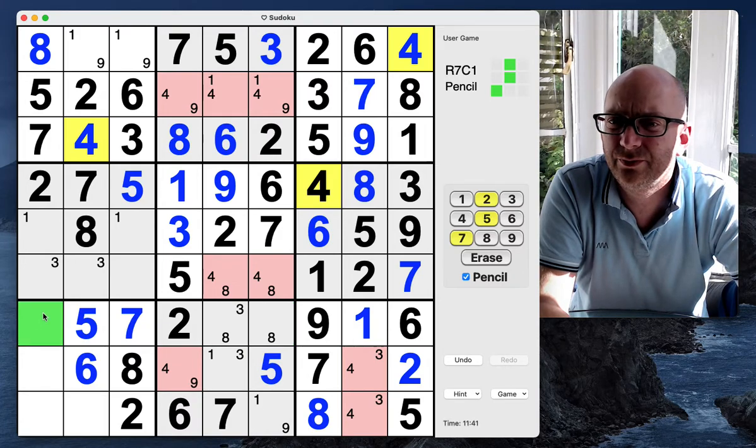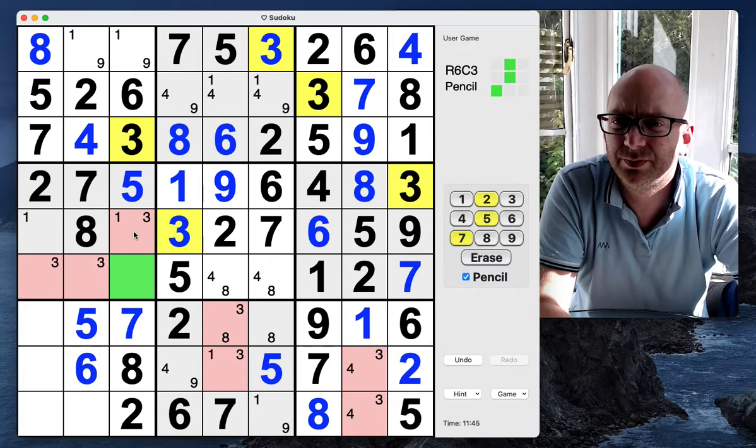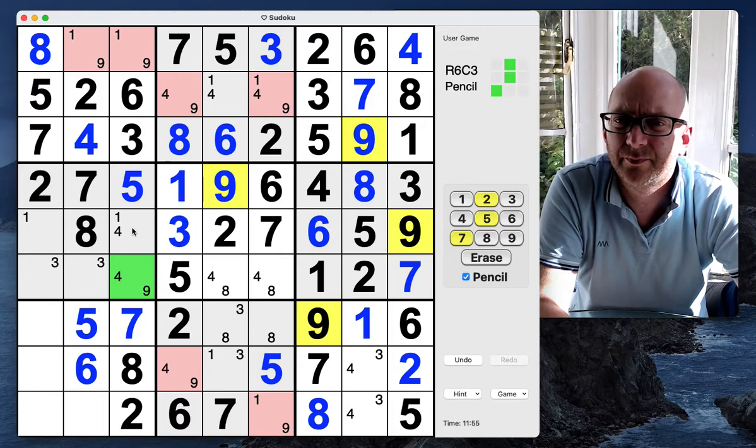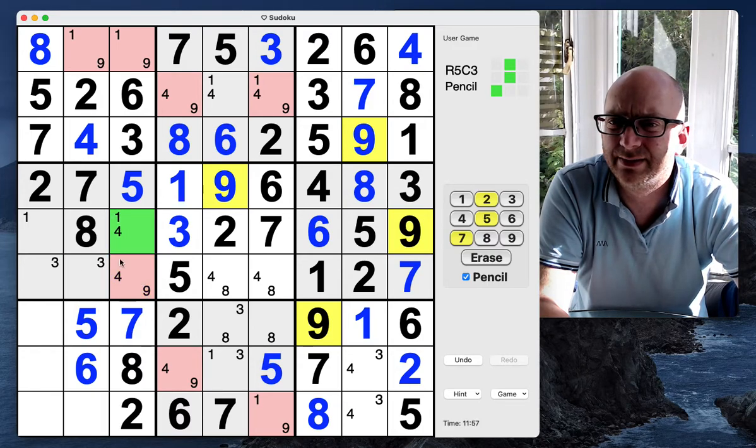Okay, so our 4 must be in this column, which means we can pencil mark 4s here. So this is a 1, 4, 9. We've got a 9 here, so this has got to be a 9. Okay, so we're down to 3 candidates there.